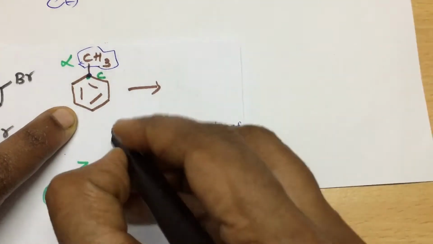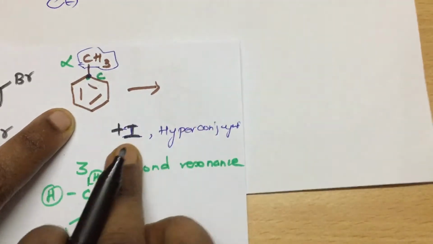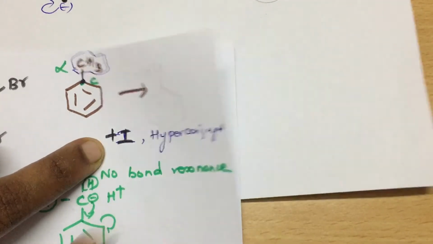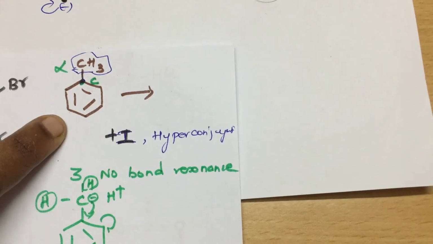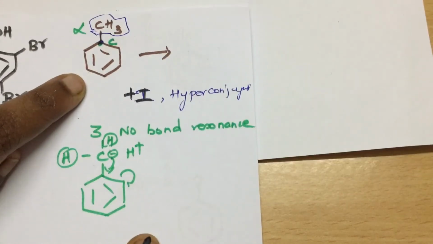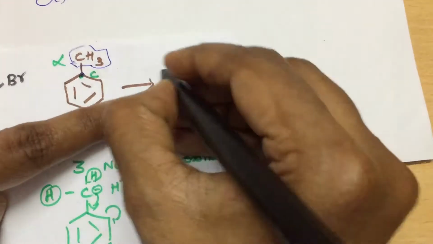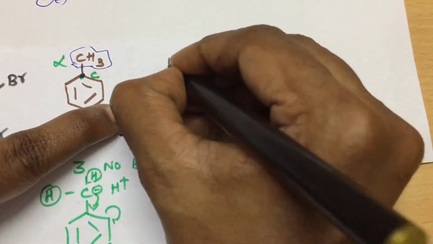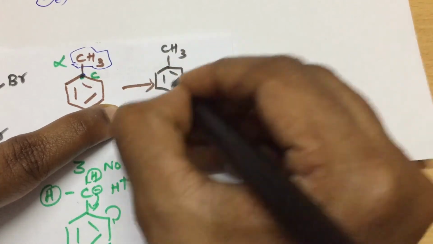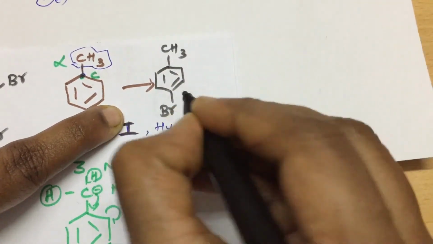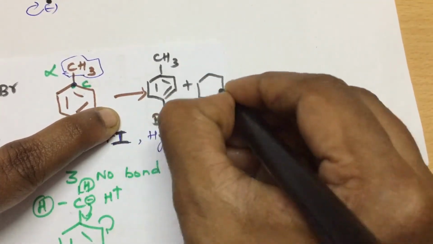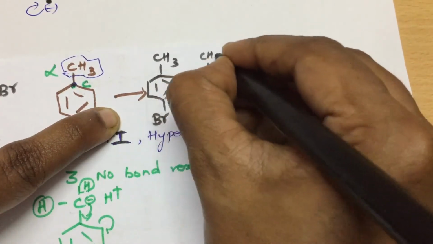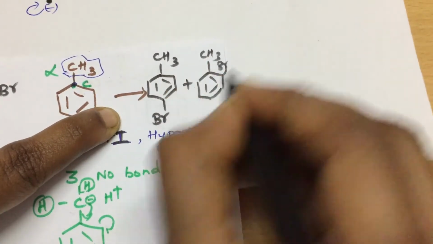See here, methyl is also an electron donating group through its plus I effect and hyperconjugation. So it is an ortho para directing group. But the difference between this and this is that you will get the para product plus the ortho product.